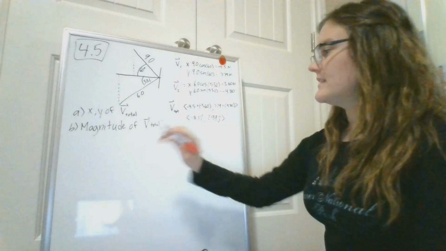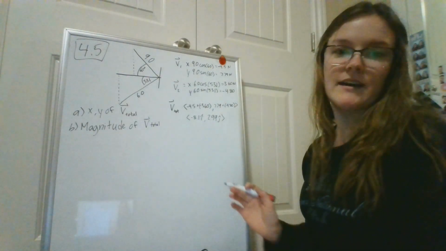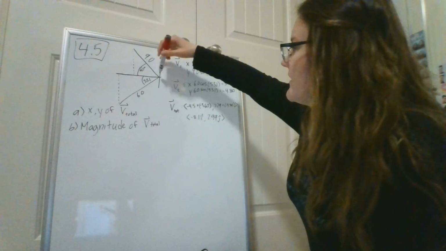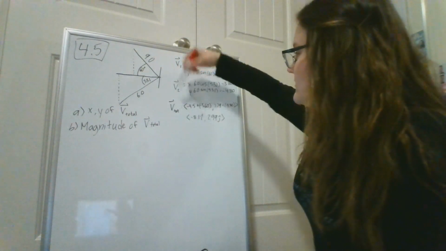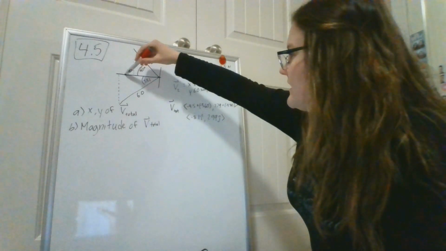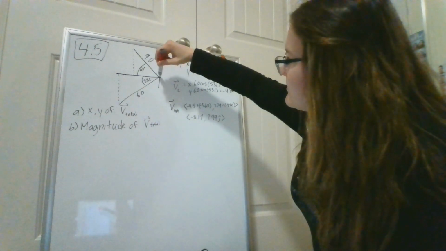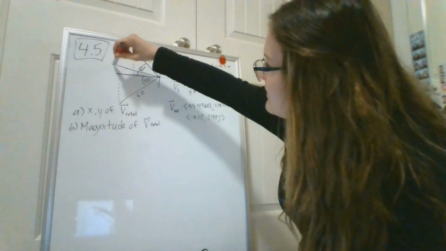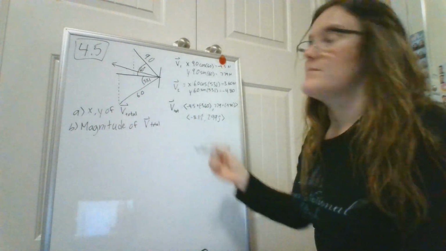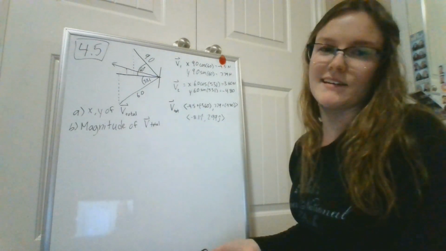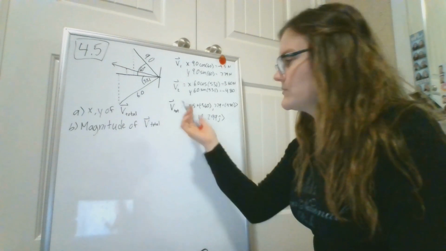Then, when we're finding the magnitude of it, it's pretty much like solving the hypotenuse of our vector. So what we just barely did tells us it goes negative 8.1 in the x direction and about 3 in the y direction, like that. And then we draw our vector. So in order for us to find the magnitude of it, we take that x and that y and find the hypotenuse of it, which will tell us the magnitude.